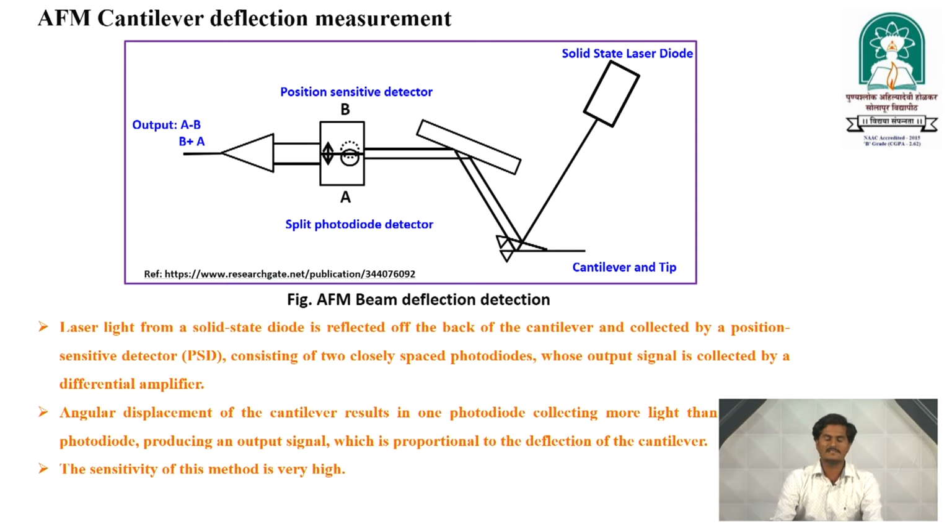The angular displacement of the cantilever results in one photodiode collecting more light as compared to the other photodiode, and that produces an output signal that is proportional to the deflection of the cantilever. Also, the sensitivity of this beam deflection detection method is very high.